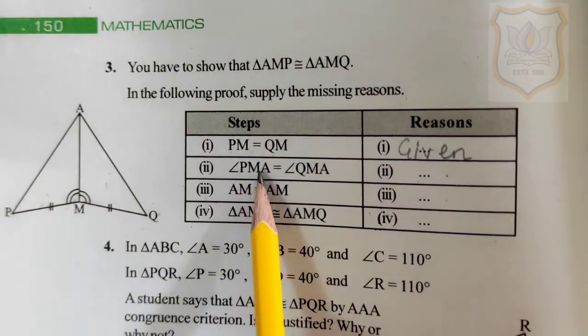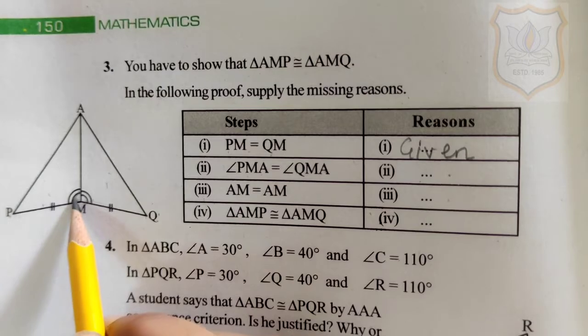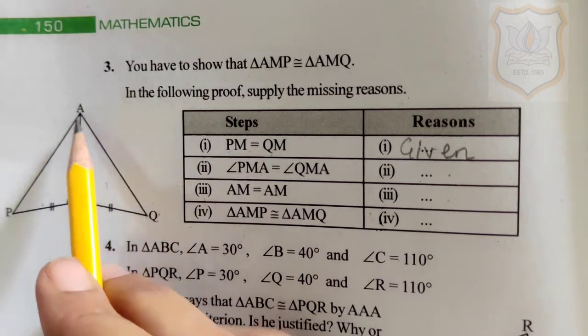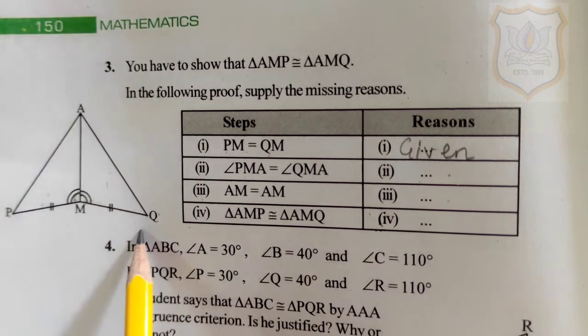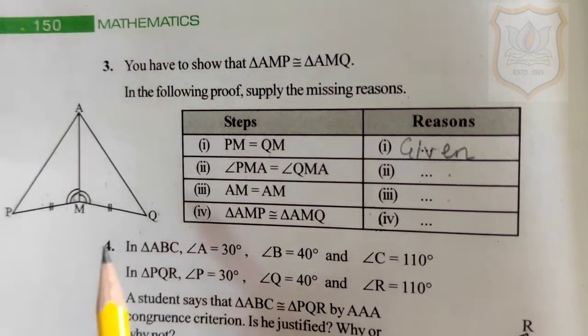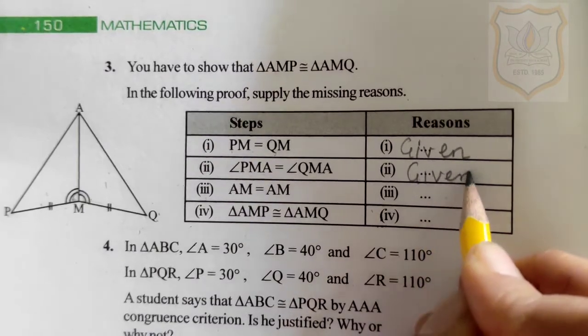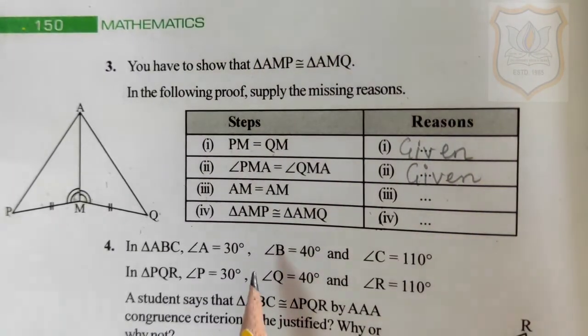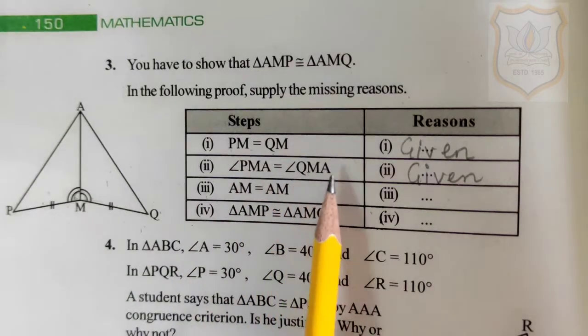Second, angle PMA is equal to angle QMA. Here you can see that angle M in triangle AMP and angle M in triangle AMQ are equal. So it is also given in the diagram. So here we will write given. That it is given in the question that angle PMA is equal to angle QMA.